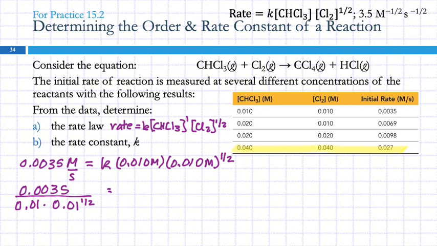Well, 1/2 is the same as 0.5, so you can use the X to the box button, or you could use the caret button. So if we do that, 0.0035 divided by 0.01. And people have a lot of trouble with this. Put parentheses around that guy. Divided by 0.01 times 0.01 to the 0.5 equals 3.5.